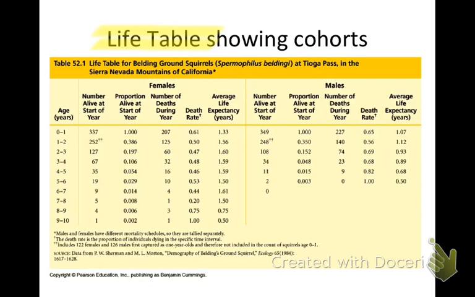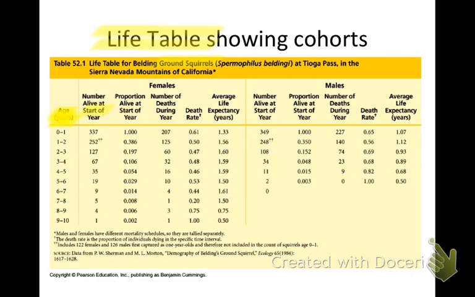So in this one, you're actually looking at ground squirrels, if you read the title. And they didn't really give us a certain source, it's from a book from 1984. So what it does is the demographic is the age range, and then we look at how many are alive at the start of the year, in proportion.